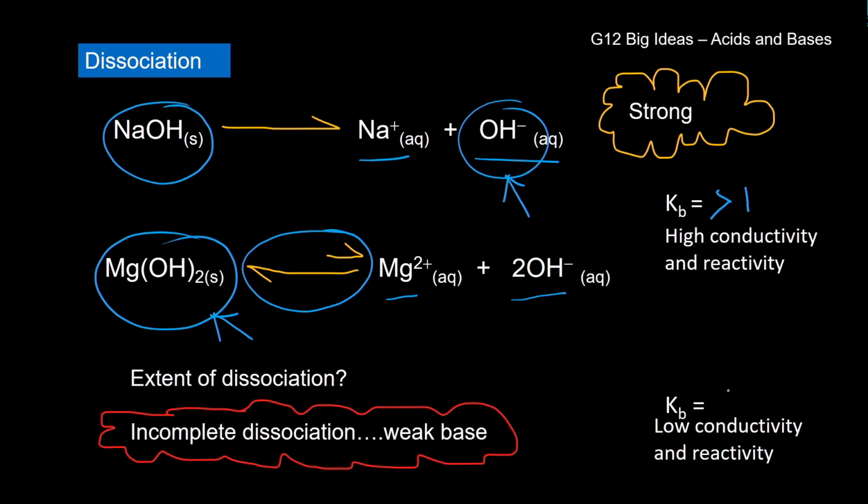It is incomplete dissociation. It means that its Kb value is going to be less than 1. It is going to have low conductivity and low reactivity. Why? Even though it says 2 OH- ions, the concentration of those ions is very low, and so its Kb value is going to be low.